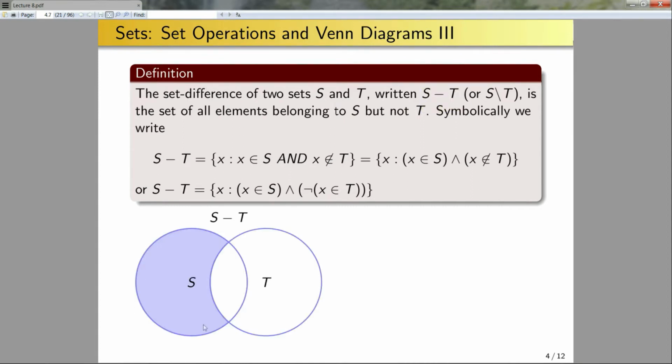Well, I have this set S here, and I have the set T here. S minus T is simply the things that are in S that are not in T, so that'll simply be the shaded area here. Similarly, I could write T minus S, and this will be the set of all the things in T that aren't in S. So notice that S minus T is different than T minus S. This is a common error that I've seen, so don't mix these up.